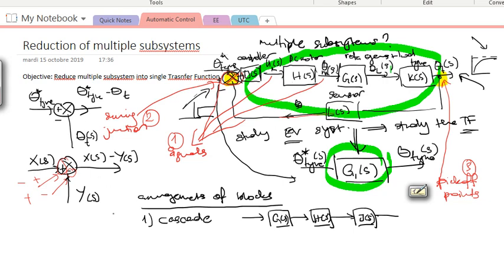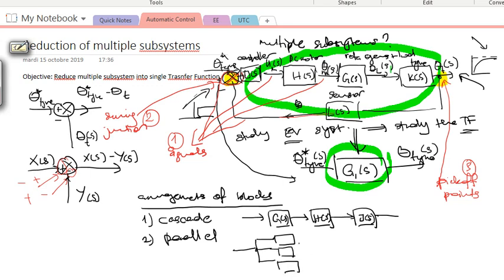And then secondly, the second arrangement is what we call an arrangement in parallel. So you get the idea. Arrangement in parallel means when you have one signal and it is separated at the pickup point into multiple branches, and then it goes into different transfer functions. So this is what we call in parallel.